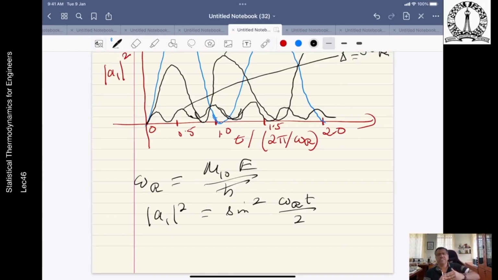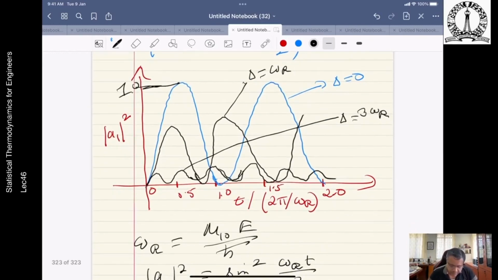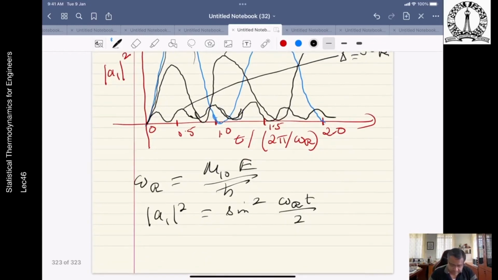At resonance, the system is completely inverted after a time of pi by omega r. If you look at this, this is basically your 1. So at the resonant frequency the system is completely inverted between the ground and the excited state, and this inversion happens after a time T pi, which is pi by omega r. Off resonance, there is a reduced probability of finding the system in the excited state, which is also shown in this particular figure.